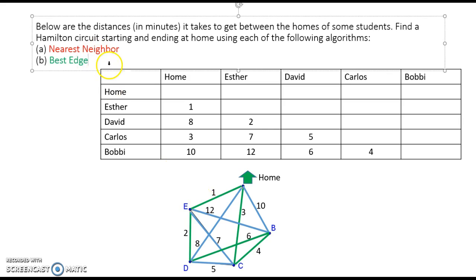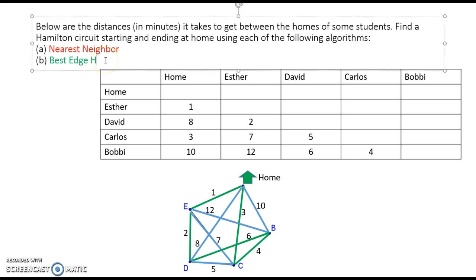Now that we have it, we can go ahead and write it. So here we do start from home. Notice that we have the cycle. Even if this wasn't the first one we laid, now we can make sure that our path does start from home. So we put an H. But here we have a choice. We could either go E or C as we're following this green path.